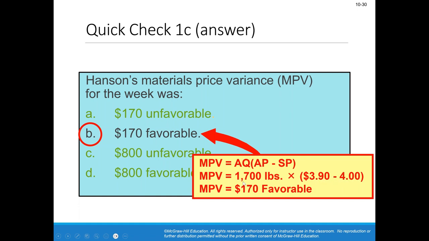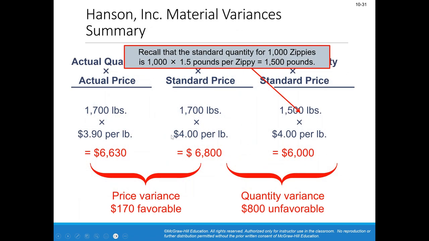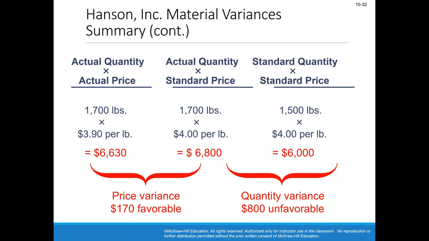So that's 0.1 times 1,700, which is $170. And because the actual price was less than the standard, that's a favorable variance. So we had an $800 unfavorable variance for quantity and a favorable variance for price. So the net is that we used $630 more than what we had expected.